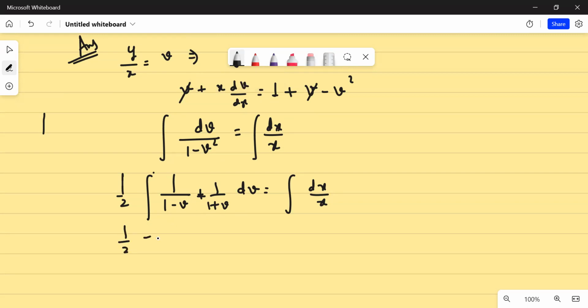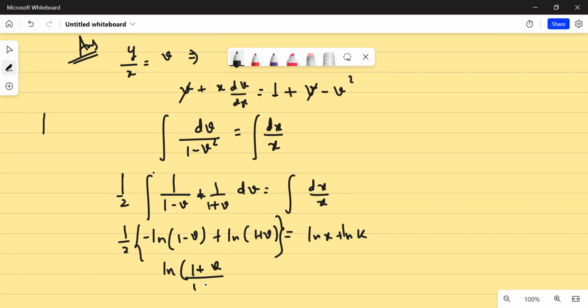So 1 upon 2, this will be ln of 1 minus v plus ln of 1 plus v. And why negative? Because here it was a negative, so negative would come here by reversing the chain rule. And this is ln x plus ln k. Is that clear? So eventually I'll get ln of (1 plus v) upon (1 minus v) is equal to 2 ln x, sorry, ln k.